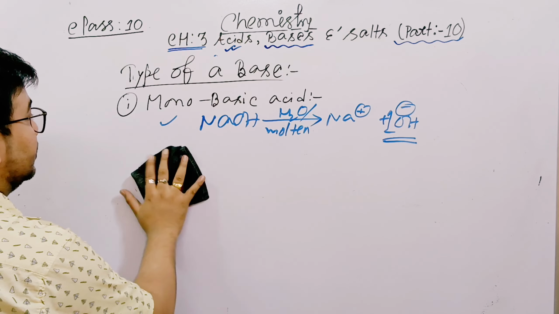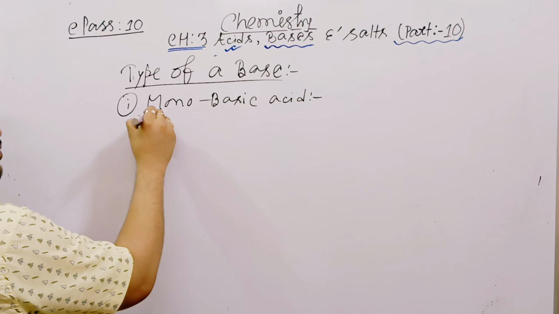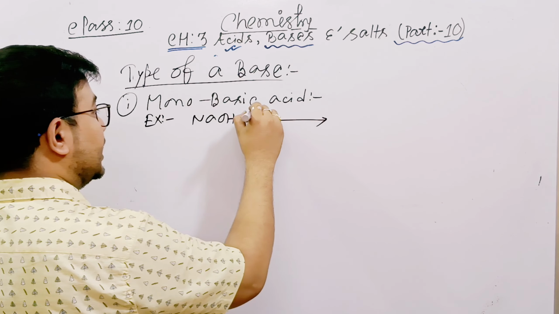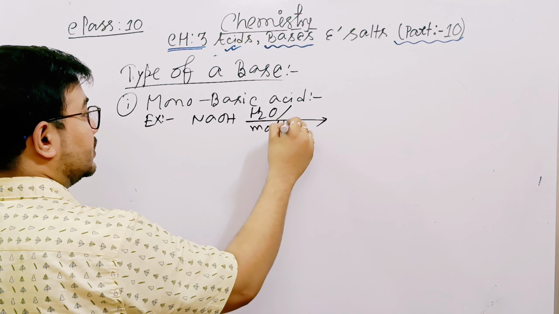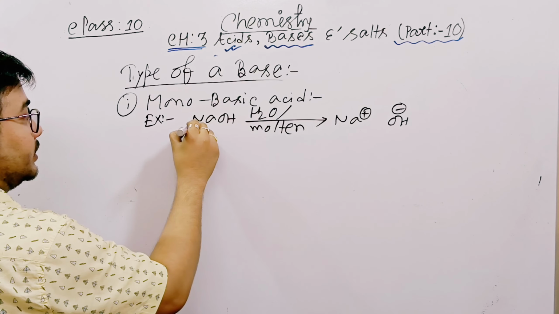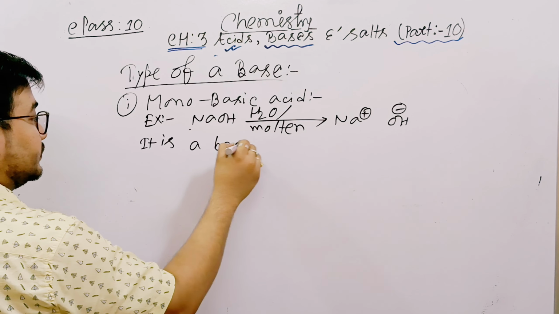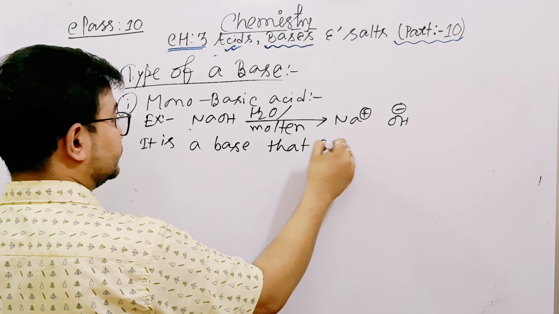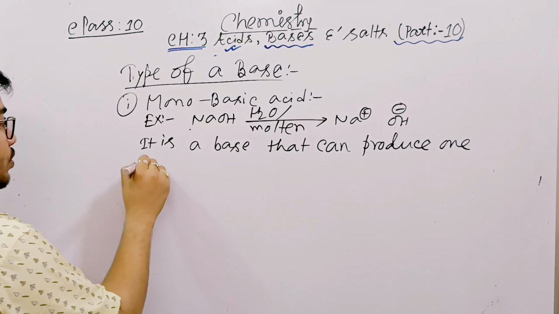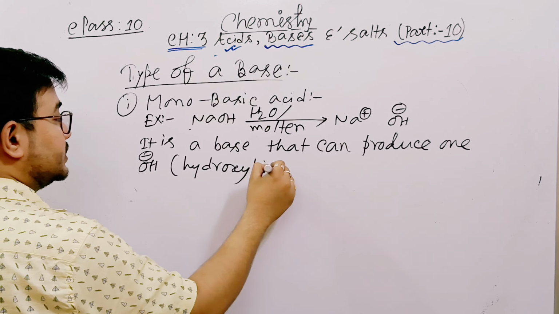Okay, so first definition. You can write down the definition, or you can give the example first for your better understanding. With the help of this example, you can write down the definition. So see, monobasic acid, it is a base that can produce 1 OH minus, that is hydroxyl ion.